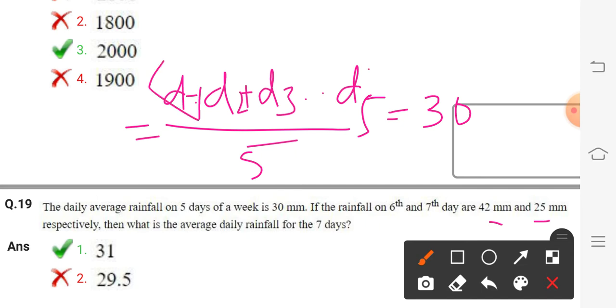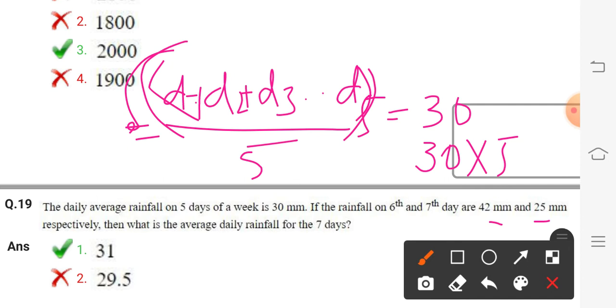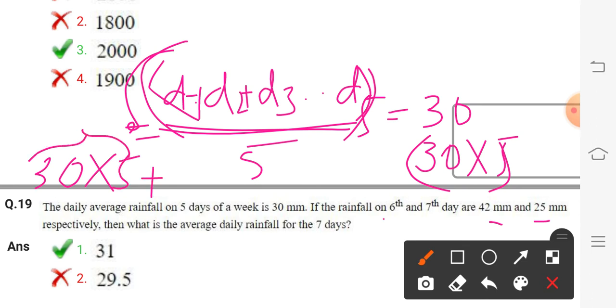Formula is sum of observations by number of observations. So the sum of all days' rainfall is equal to 30 into 5. If the rainfall on the 6th day and 7th day is 42 and 25, add these values to these numbers. 30 into 5 plus, this is the total sum of 5 days' rainfall, 42 plus 25. Total days are 5 days, 6th day, 7th day. So 7.